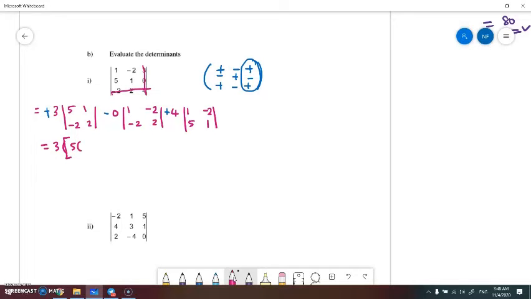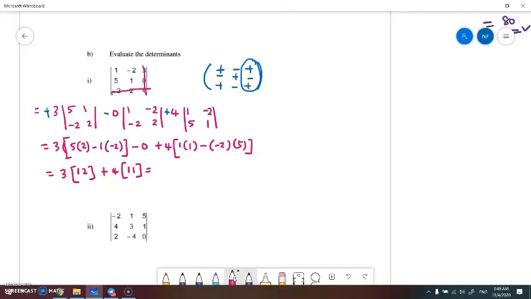Since this is the first example, I will just write it here. Minus 0. Yes, you don't have to find the minor. 1 times 1 minus negative 2. So your answer is 10, 12 plus 4, 1 minus 11. So 12 times 3 and then plus 44. So your answer is 8.